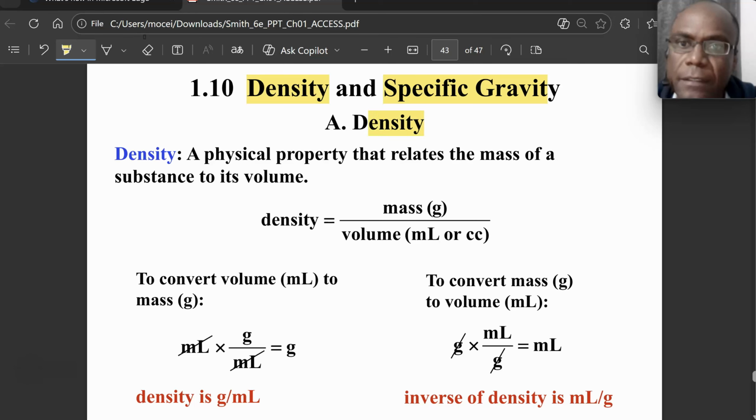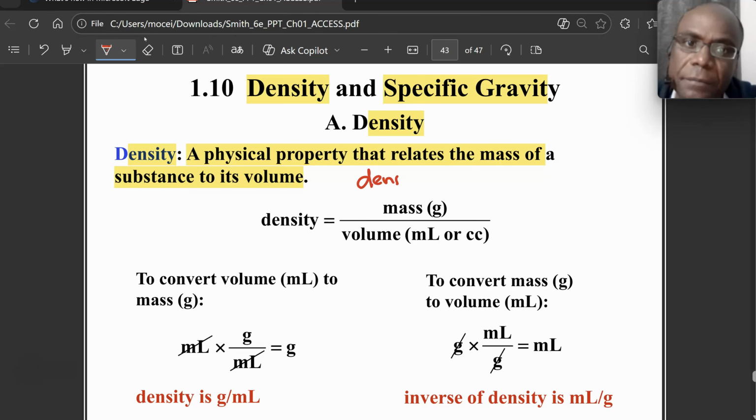What is density? Density is a physical property that relates the mass of a substance to its volume. So what we are saying is that density is really the mass of the substance in grams, can be in kg. Grams usually go well with volume in mLs.